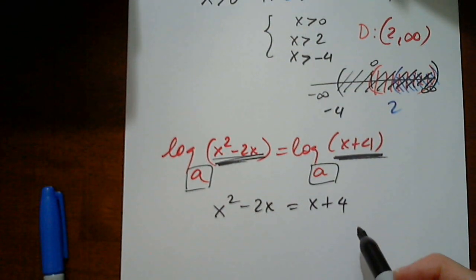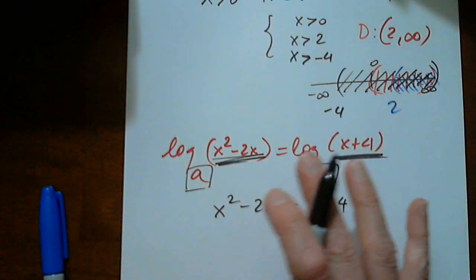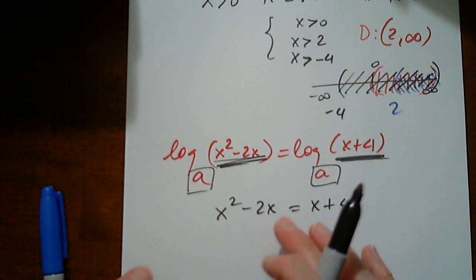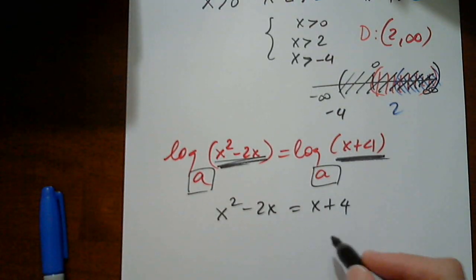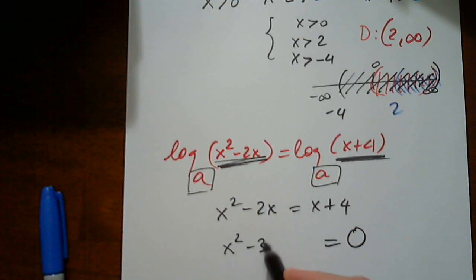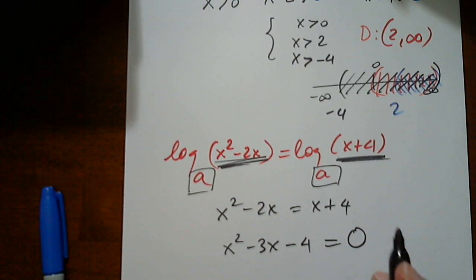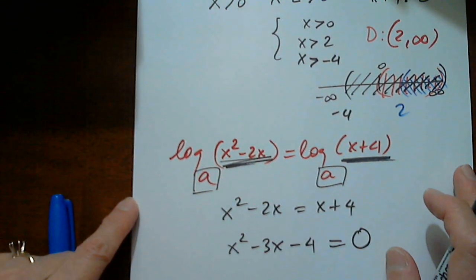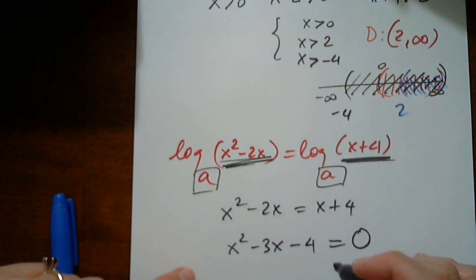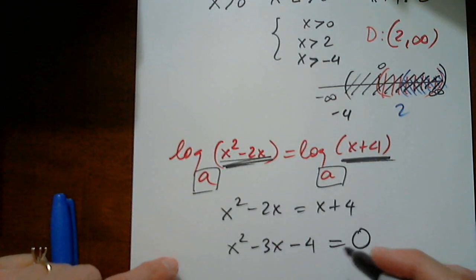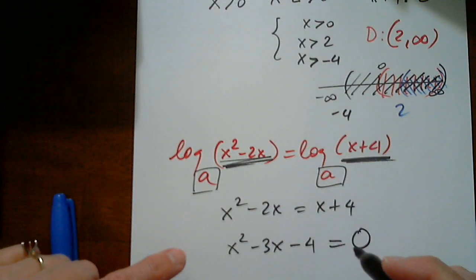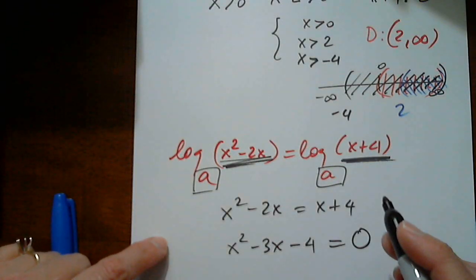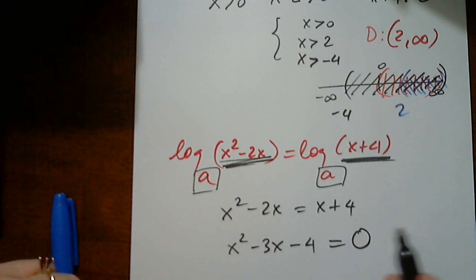This is quadratic. Students, for some reason, forget that this is quadratic and they start simplifying by factoring and this and that. Please, it's quadratic. So x squared minus 3x minus 4. If you don't want to factor by grouping, or just simply factor, or use the quadratic formula, use the apps in the calculator and get the two solutions.